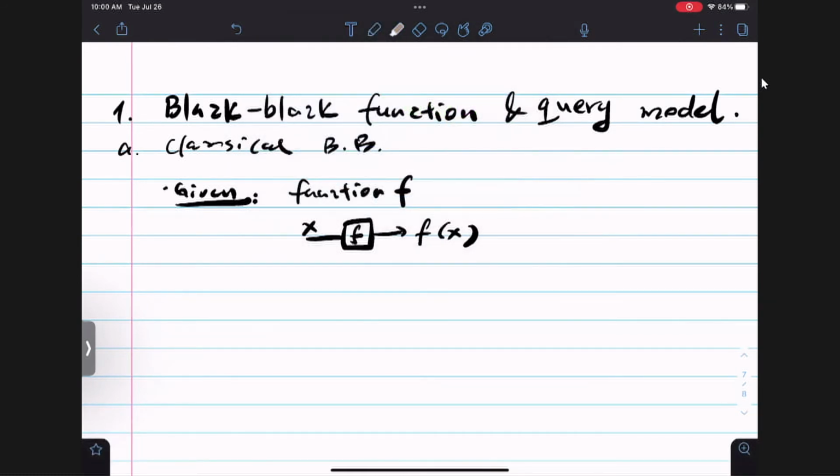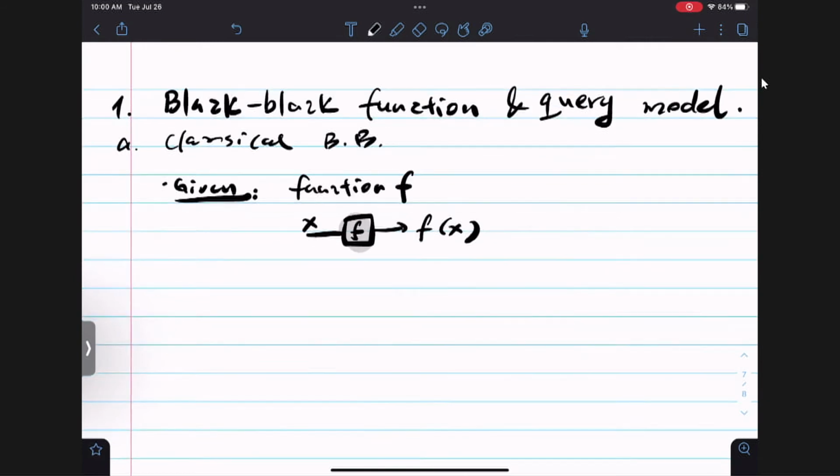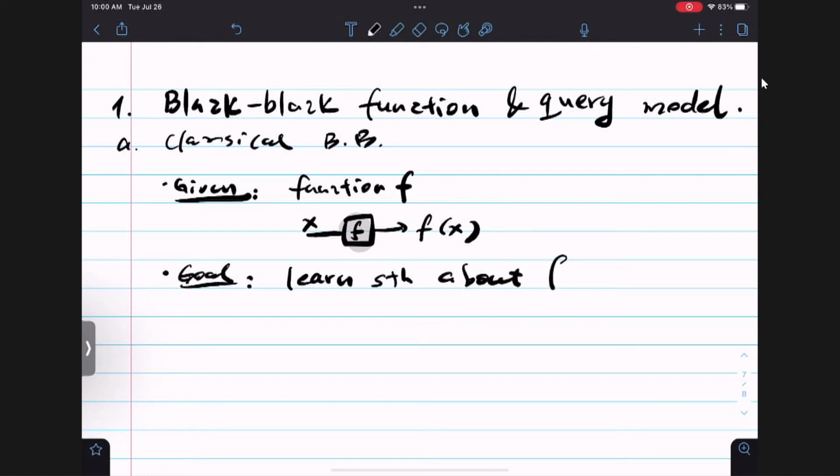So let me use this shade to represent that I don't need to know what's inside it. I just need to know the interface. I send in x, it will give me f of x. And then the goal here is to learn something about f. For example, a typical example you might have seen before is, I give you a box which encodes a polynomial with degree d.